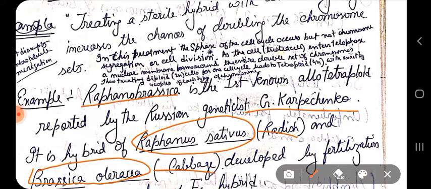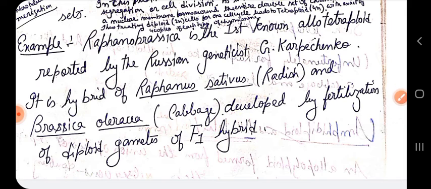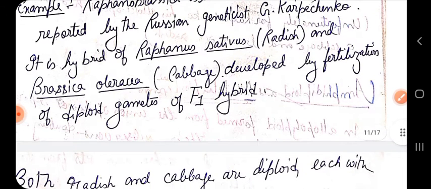They are very distantly related. When they are fused, they have the same number of sets of chromosomes, actually. That's why these two plant species were used for allopolyploidy, and diploid gametes of the F1 hybrid were prepared. Let us see how they prepared the F1 hybrid.